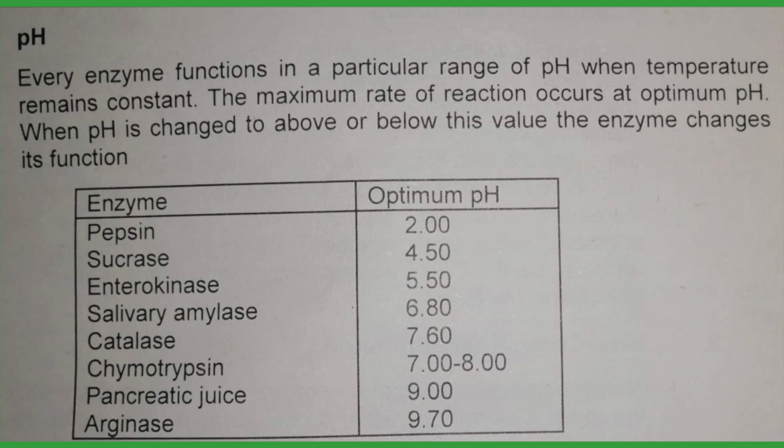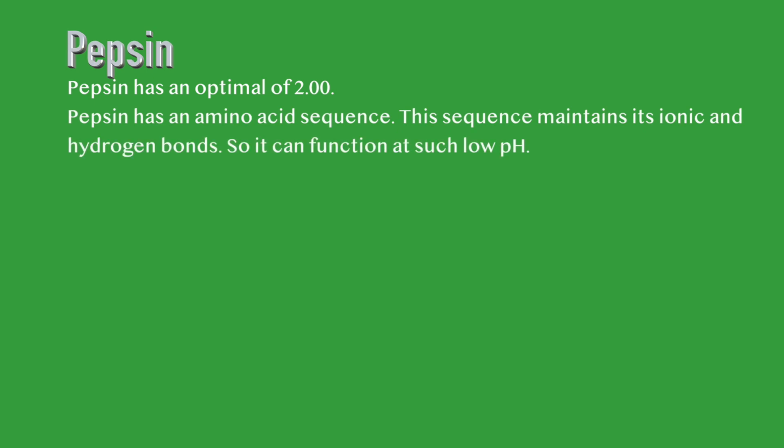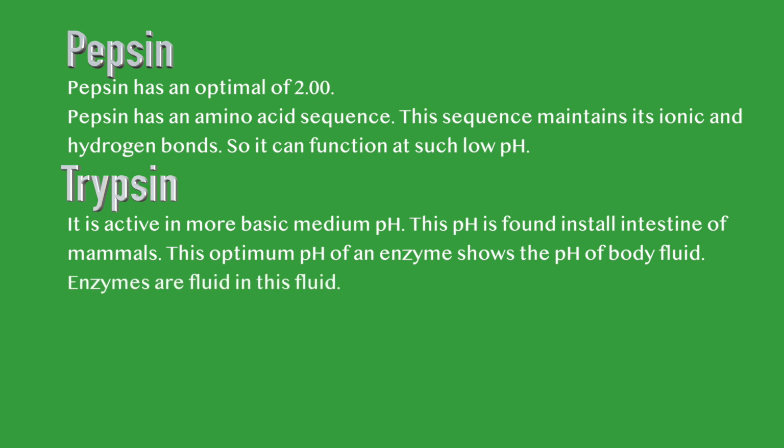The answer is that pepsin has an optimum of 2.00, that is its required pH. Pepsin has an amino acid sequence that maintains its ionic and hydrogen bonds, so it can function at such low pH. Right? On the other hand, trypsin is active in a more basic medium, at pH 9.